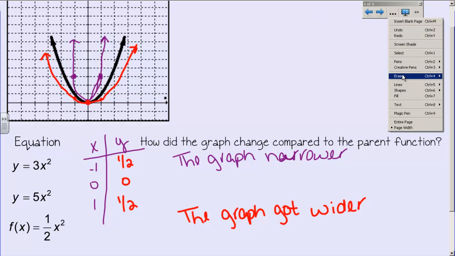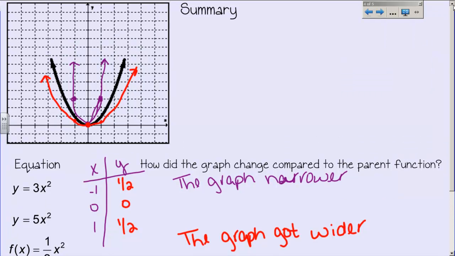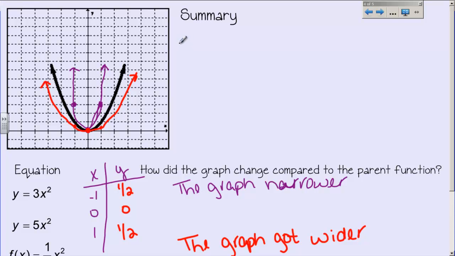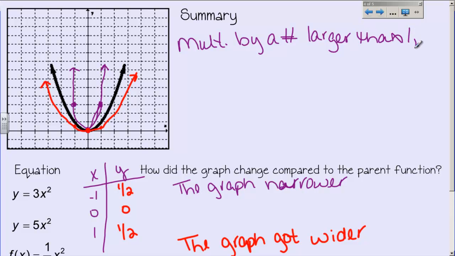So if I'm going to summarize, we're going to go up here and create a summary. So multiplying by a number larger than 1, the graph narrows. I think I write too fast and it doesn't have time to record.